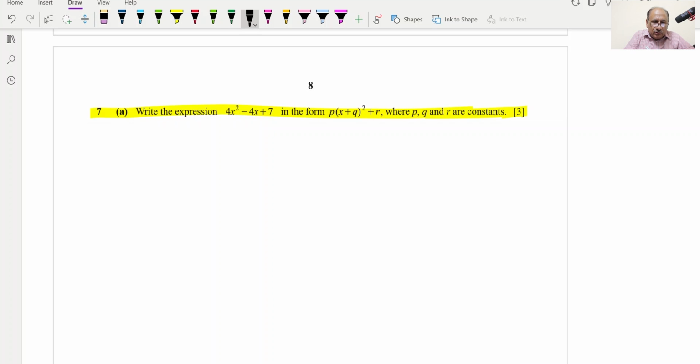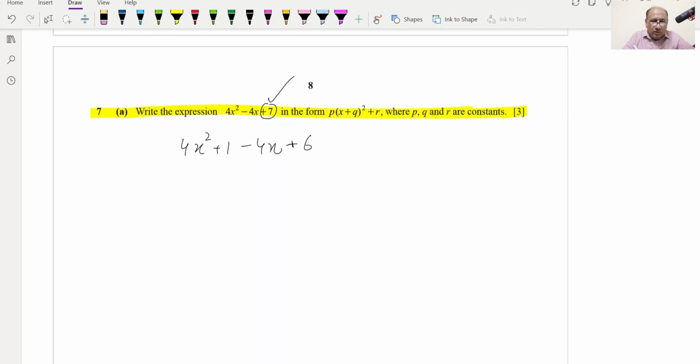So what we will do, instead of taking 4 common, we can do like 4x squared, and this 7 we can split into plus 1 and plus 6, and this minus 4x.